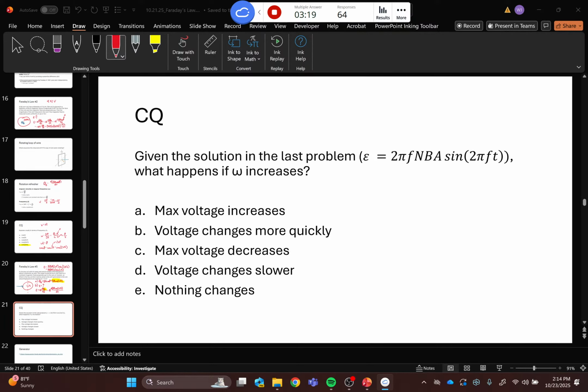All right, give y'all about 10 more seconds. So where does W show up in this equation? It's there, and it's somewhere else as well.